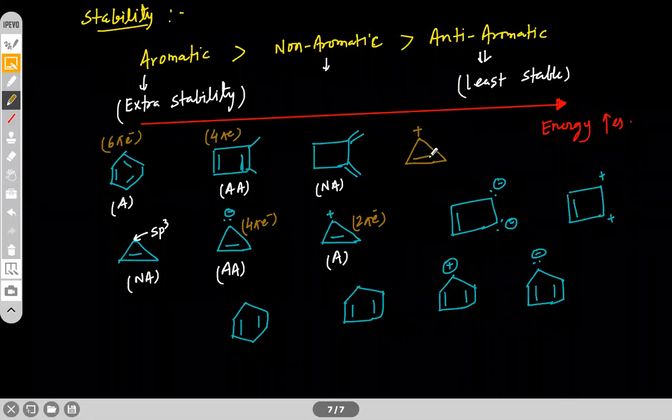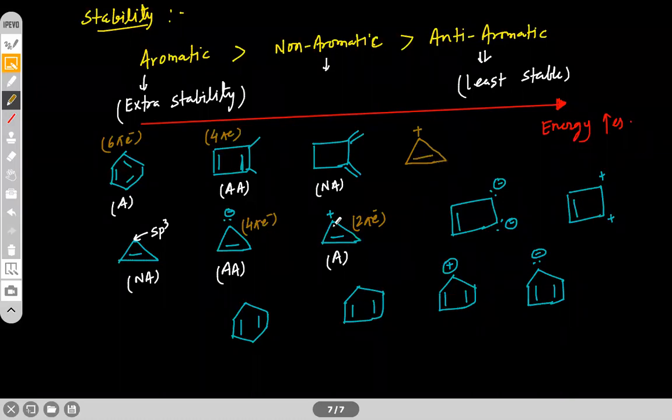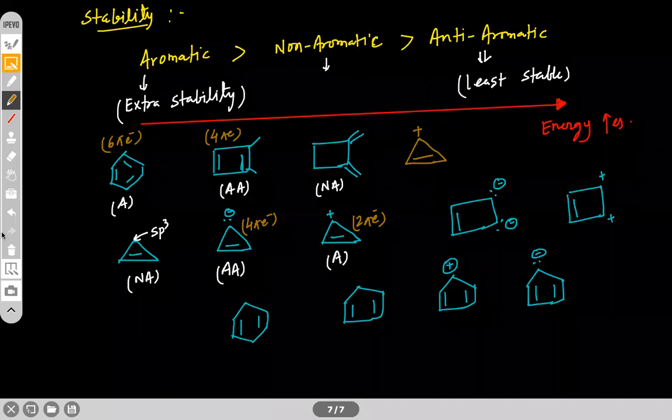It follows Huckel's rule for n equals 0. Hence it is aromatic. Did you get it? Any doubt in this?